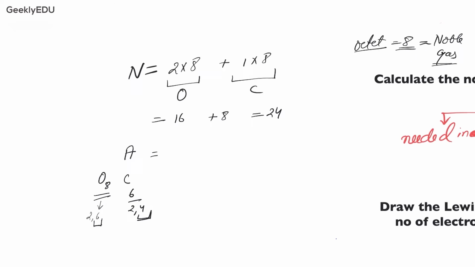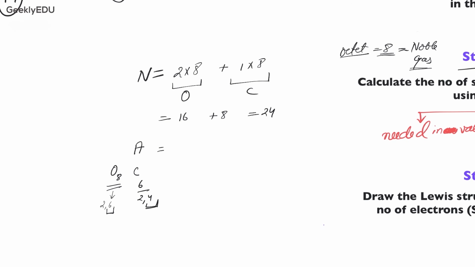So let's write that out. For oxygen, 2 times 6, plus for carbon 1 times 4, so that is 12 plus 4, which comes out to 16.